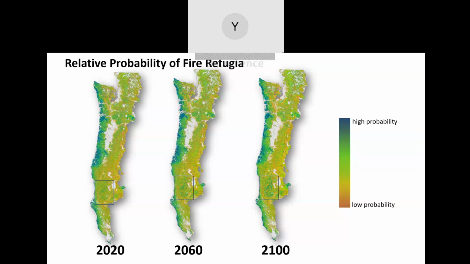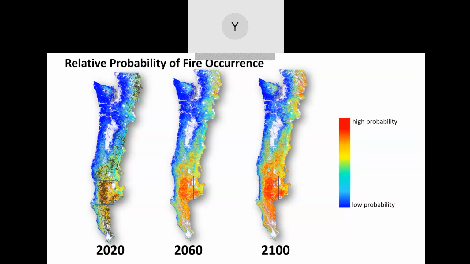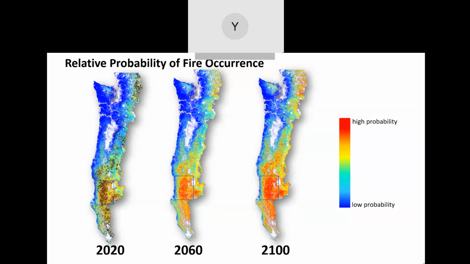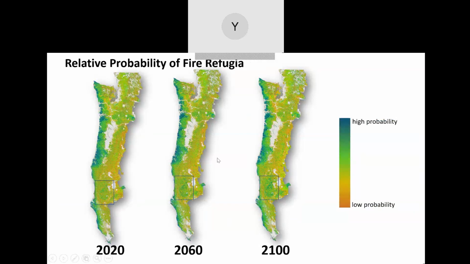But over time, with the frequent burning, they will be low severity. By the end of the century, our map showed it had a higher probability of fire refugia. While the coast range, those blue colors in there, represent the low frequency component of our fire refugia surface. Next slide, please.